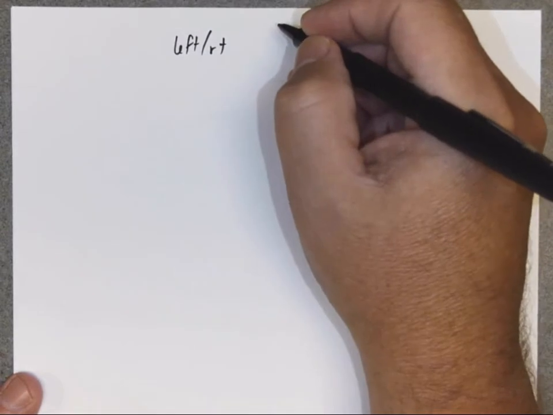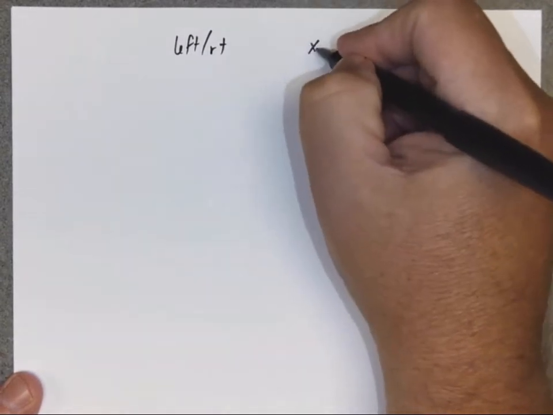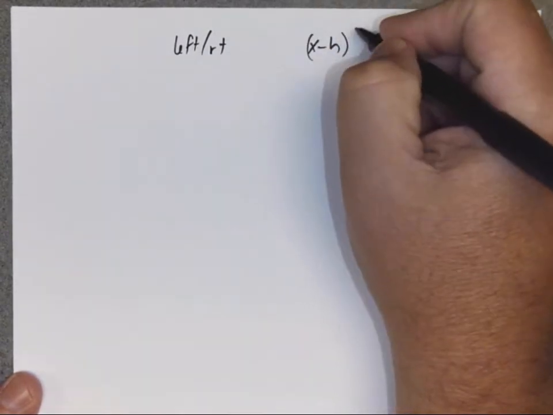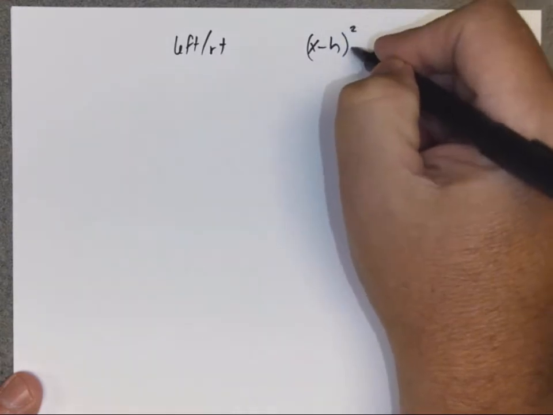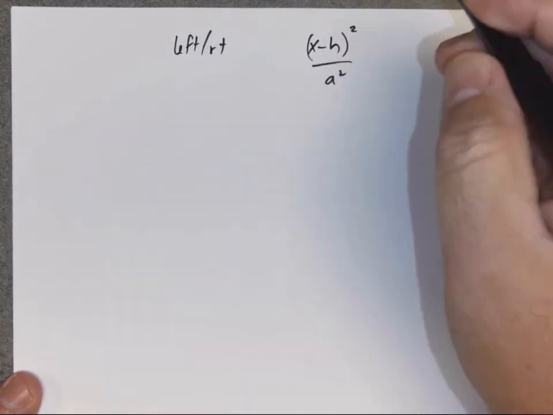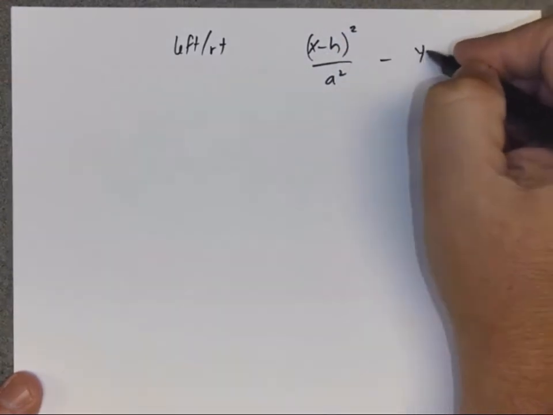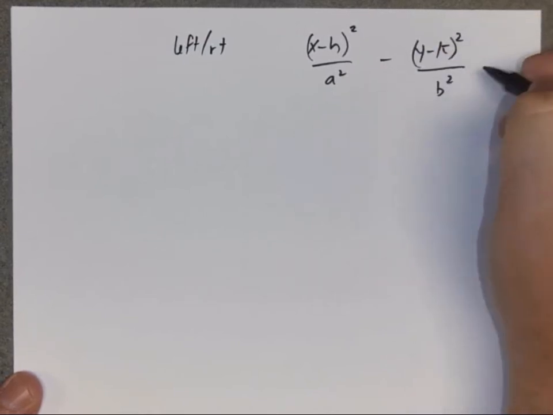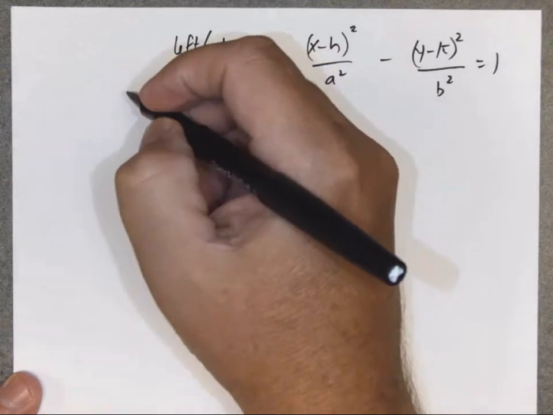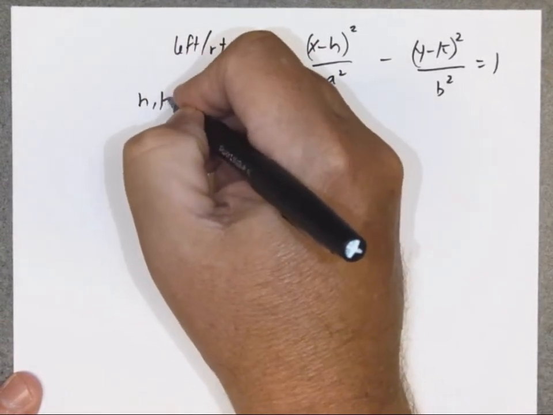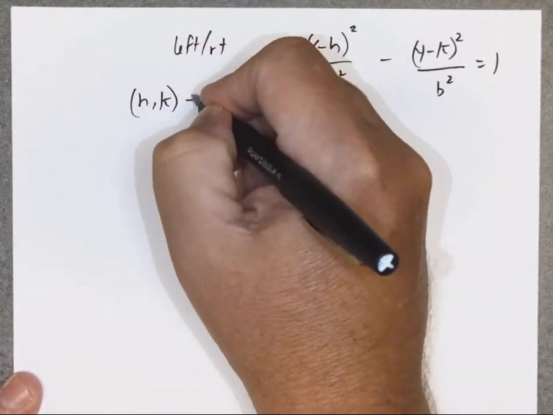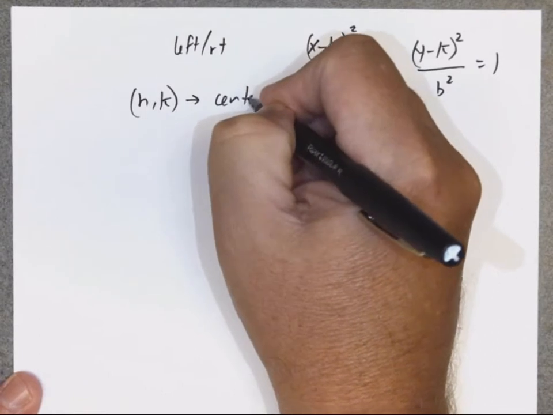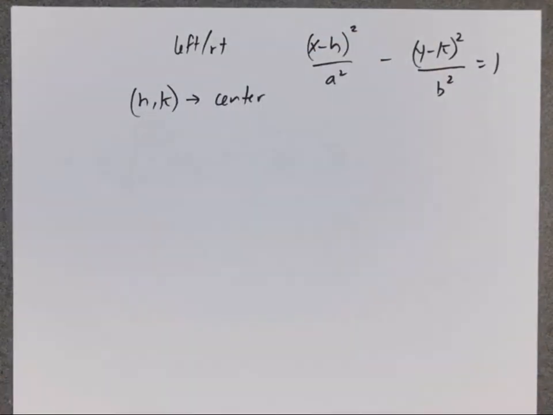Let me write the equation for the left-to-right hyperbola. X minus h squared over a squared minus y minus k squared over b squared equals 1. h, k is a point, and it's going to be the center of the hyperbola.